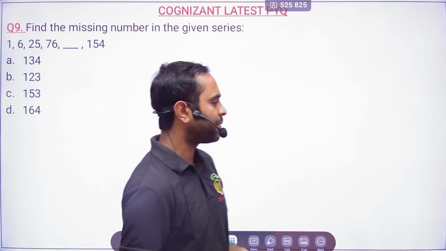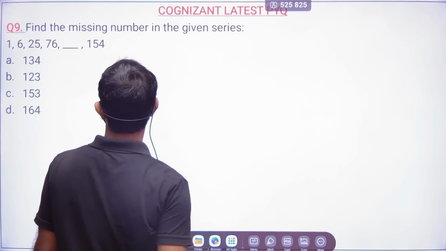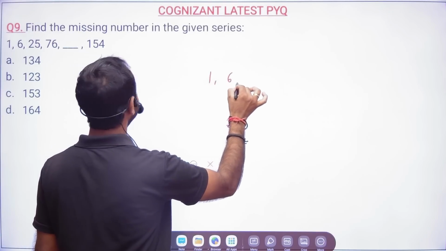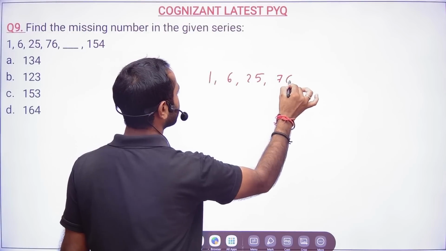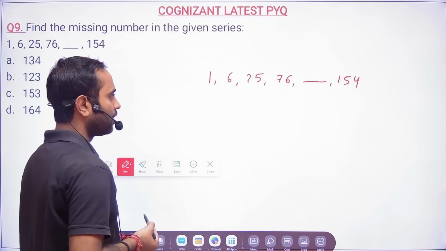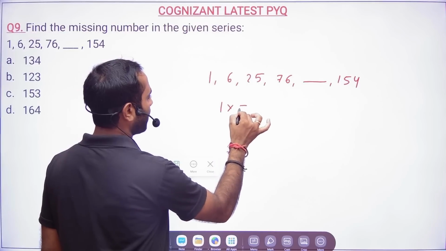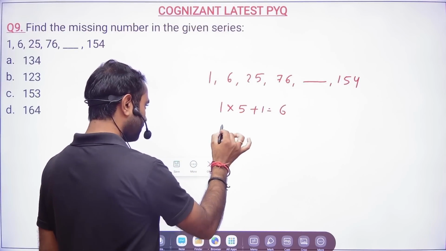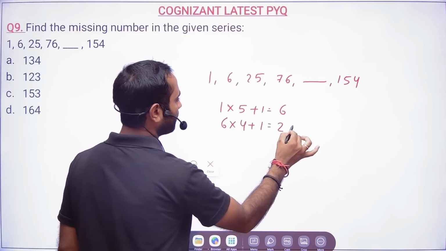Now let me solve it here. So we have 1, 6, 25, 76, what, and 154, right? Okay, so friends, here basically 1 times 5 is 5 plus 1 is 6. 6 times 4 is 24 plus 1, 25.